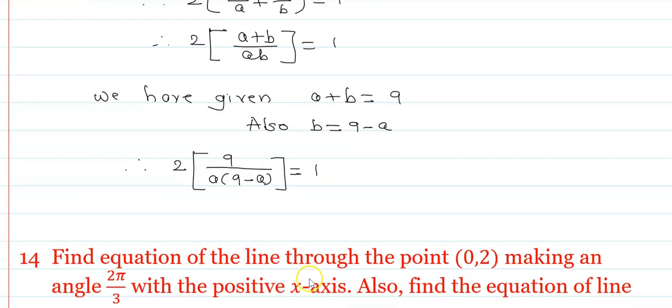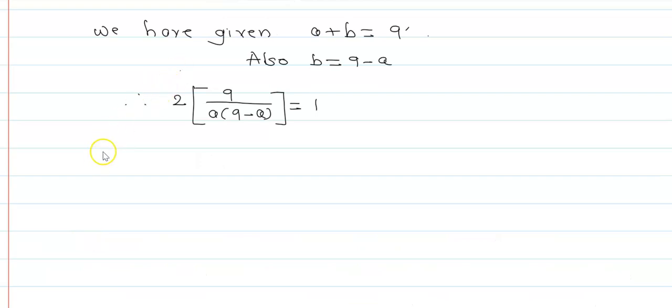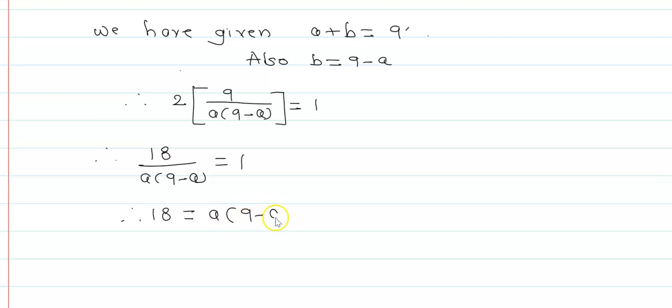Therefore 2 into 9, 18, upon a in bracket 9 minus a is equals to 1. Therefore 18 is equals to a in bracket 9 minus a.